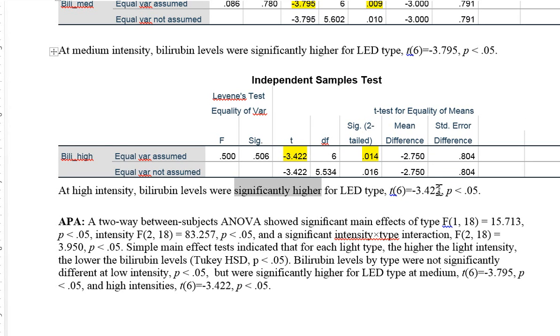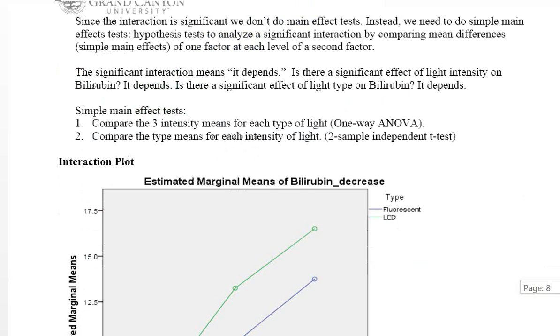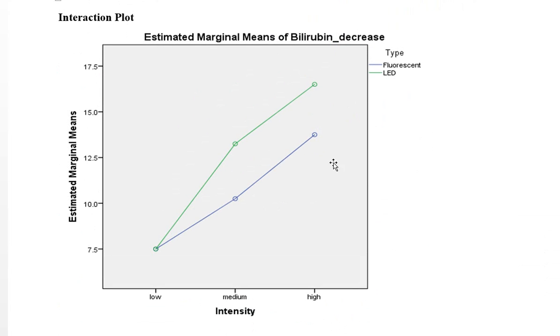List your t-value, test statistic, p less than 0.05. Okay, so here's our APA summary, which is basically telling what's going on in this chart. What we saw is that this difference, blue to green, is not significant, but this difference, blue to green, is, and this difference, blue to green, is, with LED being significantly higher.